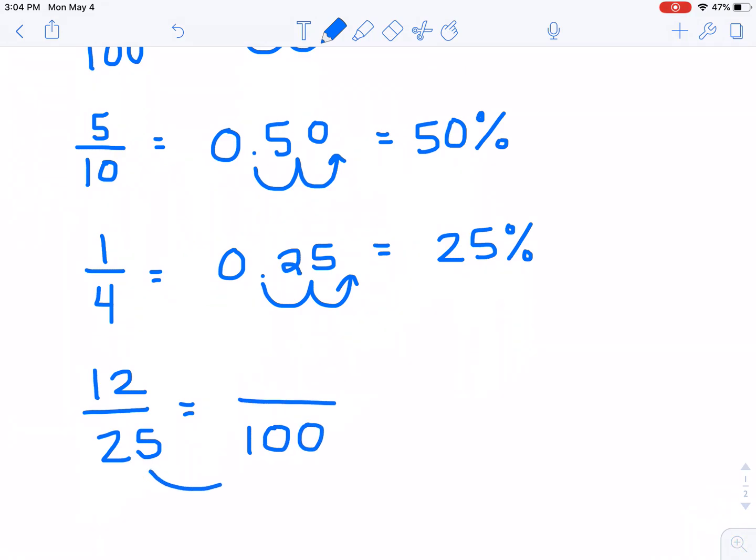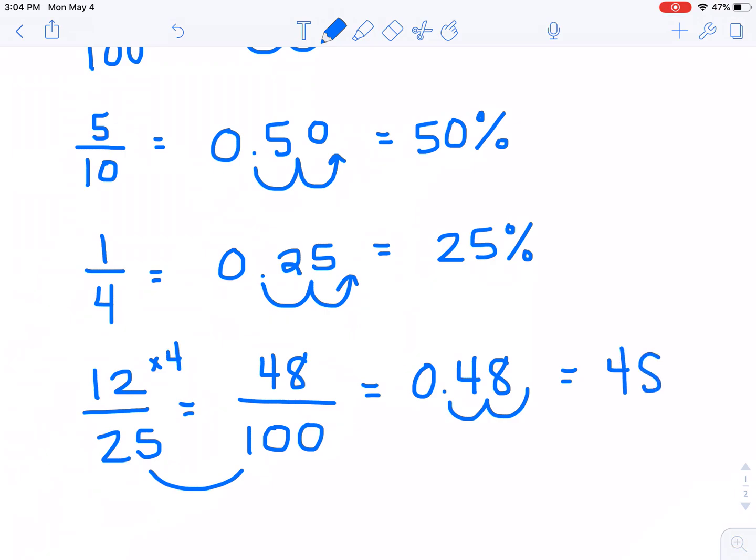So 25 goes into 100 4 times, so I would do that times 4, and 12 times 4 is 48. And now I've got something I can work with. 48/100ths, which moves me over to 48%.